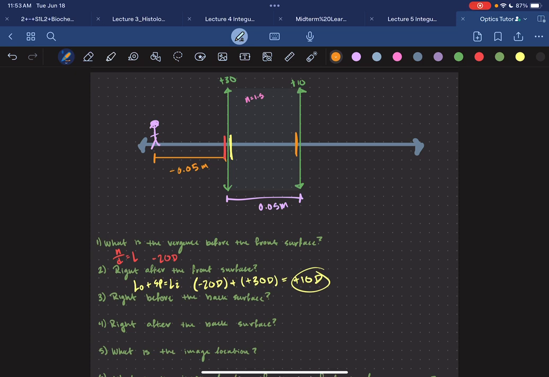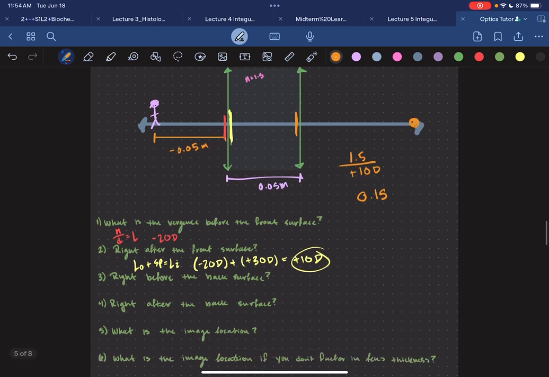So we'll do 1.5, because we're inside the lens material now, divided by plus 10. That gives us 0.15. So it's 0.15 from that yellow surface that I marked, right after the front surface.